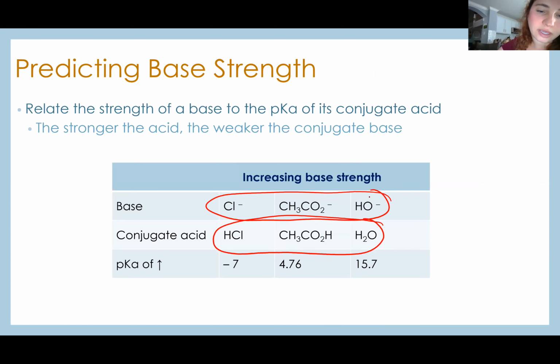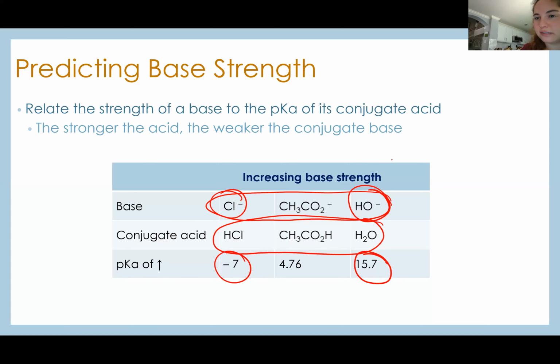For example, the pKa of hydrochloric acid is -7, the pKa of acetic acid is 4.76, the pKa of water is 15.7. That means you can organize their bases based on that. The strongest acid will have the weakest conjugate base. The weakest acid will have the strongest conjugate base.